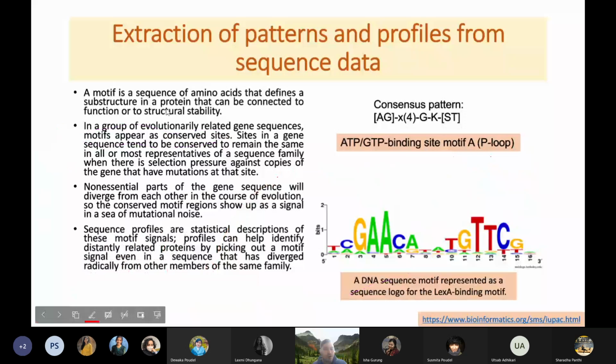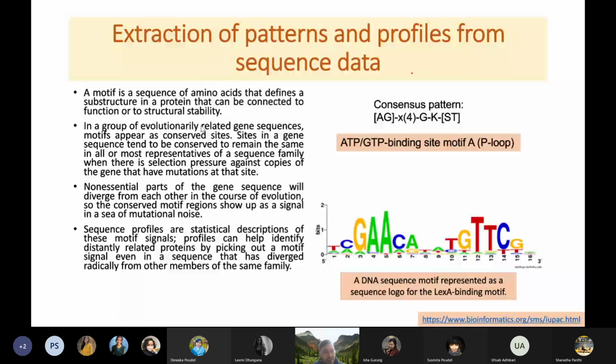At other sites there will be the appearance of mutations, a chance of new residues occupying those spaces in the new sequences. But at conserved sites, this is less likely.